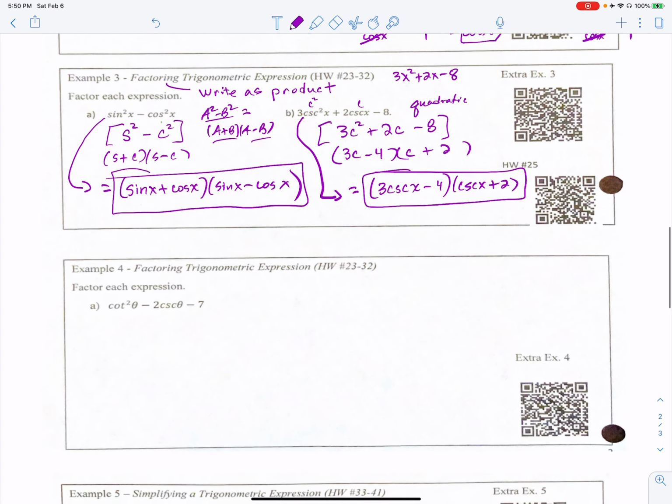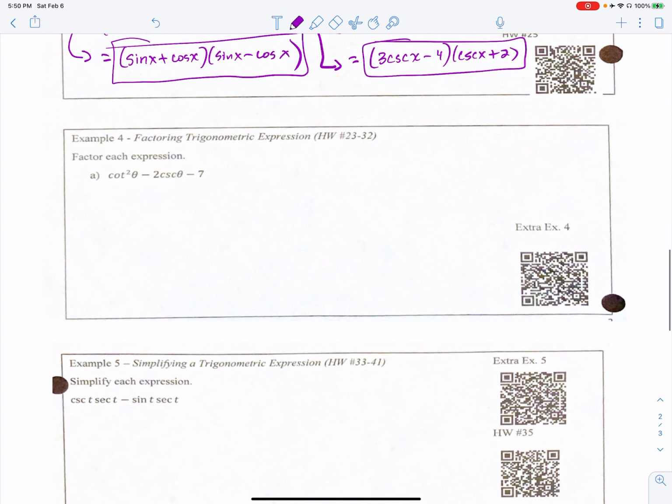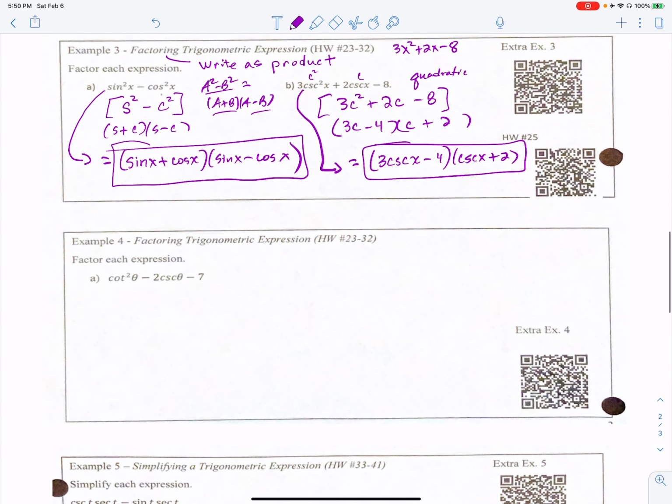Example 4. It says factor, but unlike in example 3, part B, where they were both cosecants, here we have a cotangent and a cosecant. I need to make these the same trig function so that I can get it to a quadratic form and factor it.